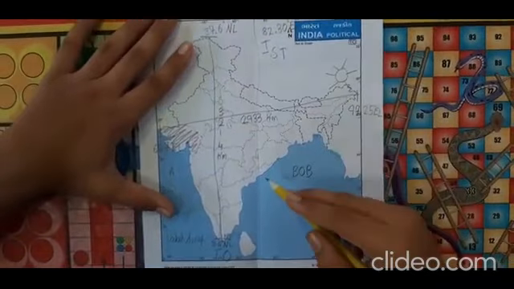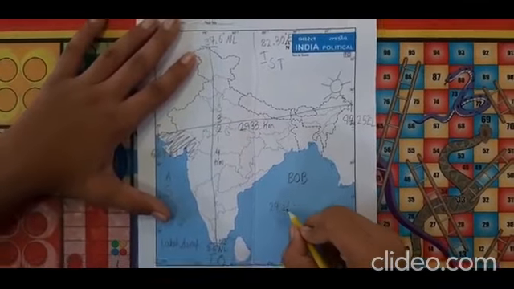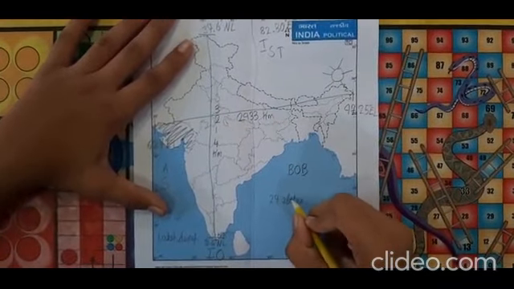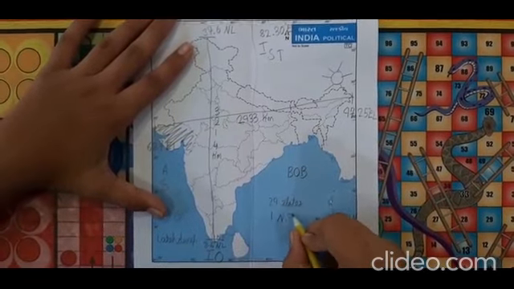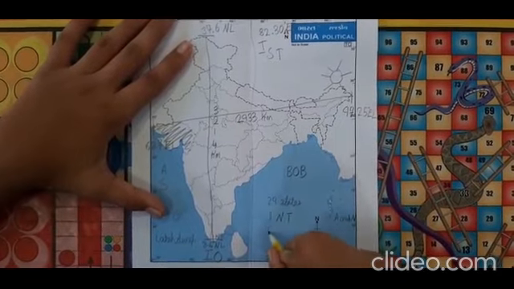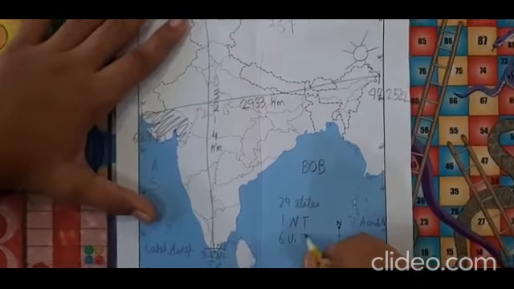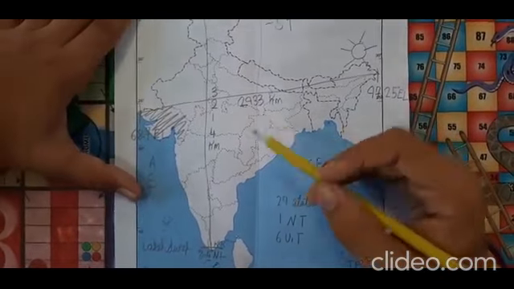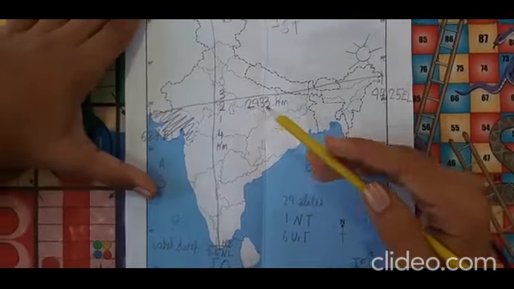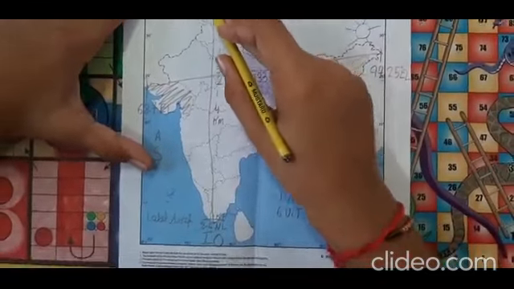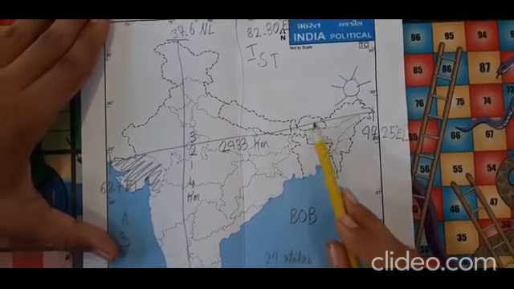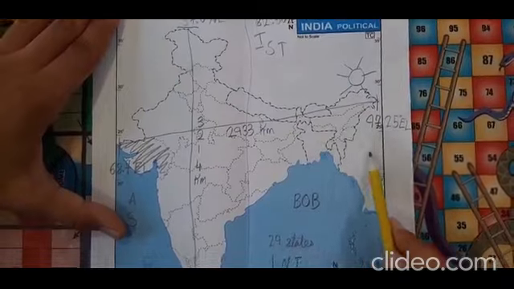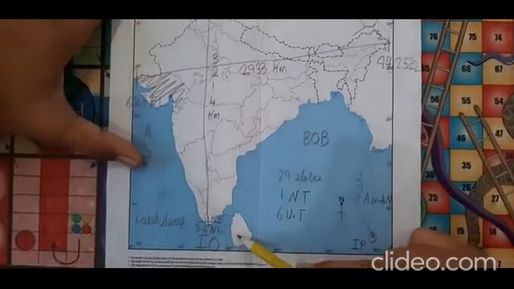India has 29 states, 1 national territory, and 6 union territories. India has other neighboring countries too, like Pakistan, Afghanistan, China, Nepal, Bhutan, Bangladesh, Myanmar, and Sri Lanka.